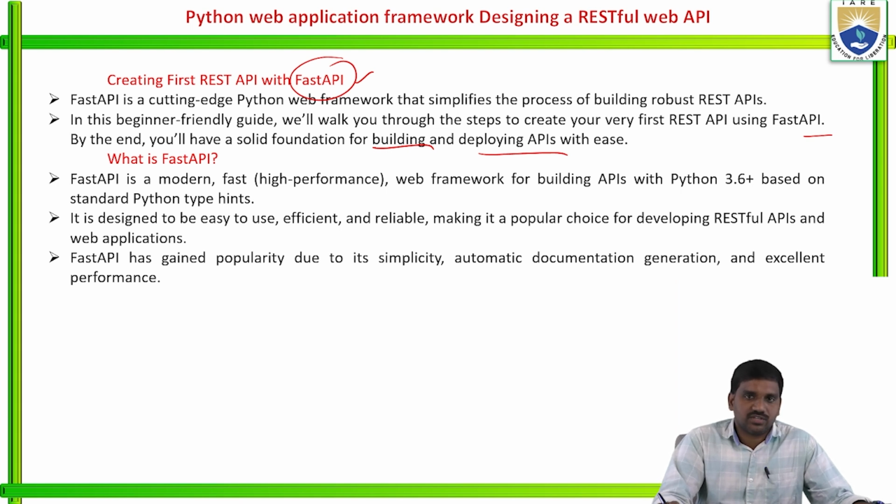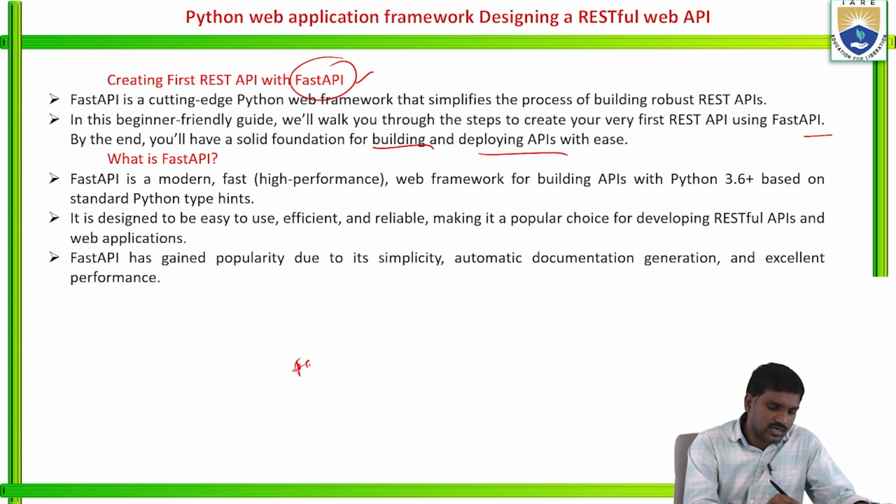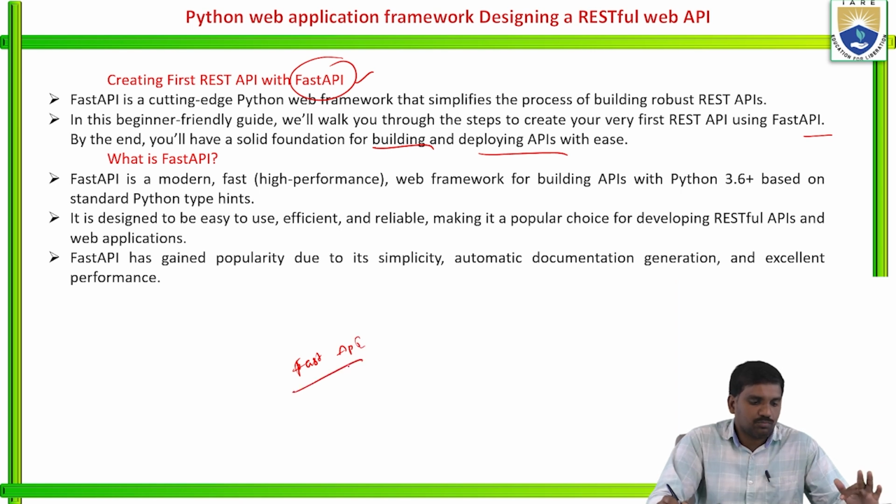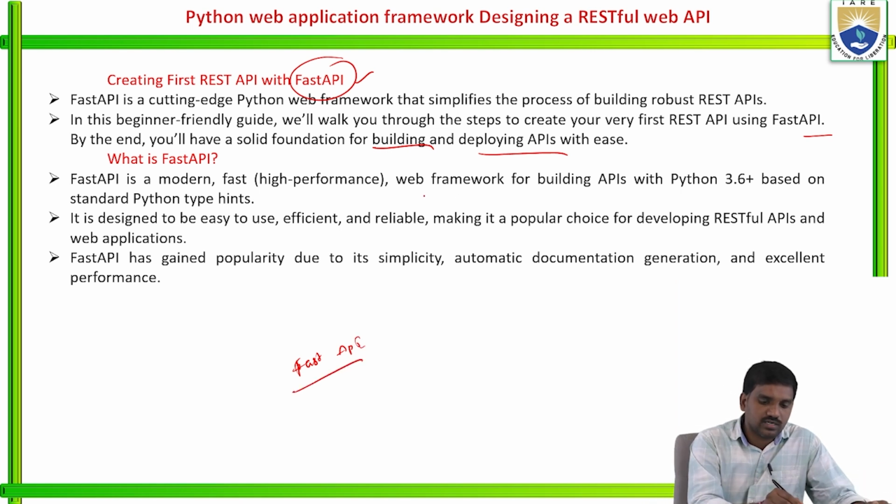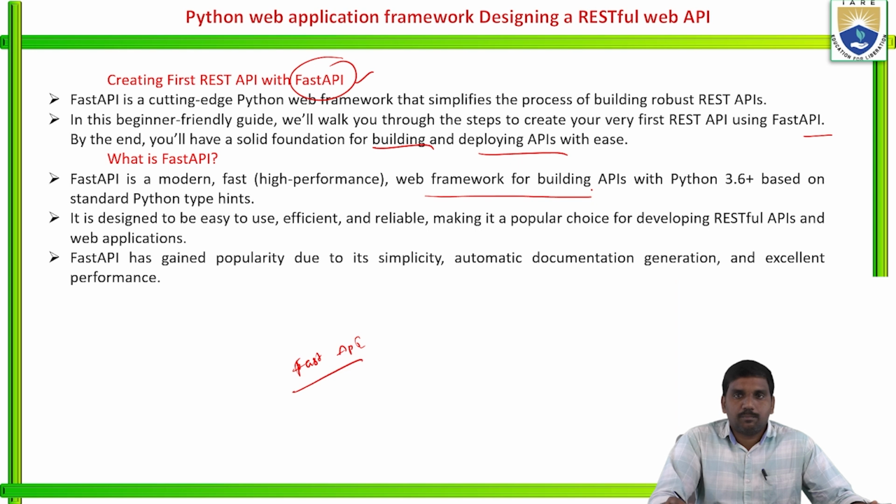What is FastAPI first? What is the Fast application programming interface? It is a modern, fast web framework for building APIs. In order to build APIs, we use different types of API methods. Among that, FastAPI is one of the methods. It is built with Python 3.6 plus, based on the standard Python type hints.